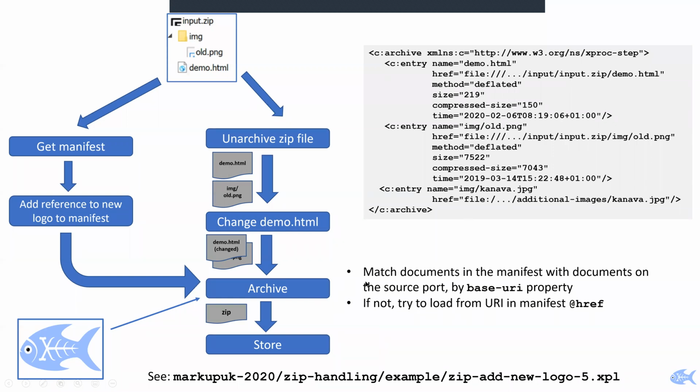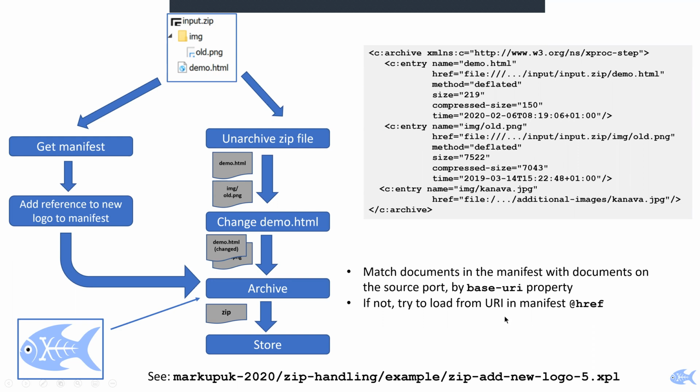And what the archive step does, it matches the documents in the manifest with the documents it finds on its source port by base URI property. And as we've seen, the base URI property is the same as what we have here in these href arguments. As soon as it finds that, it will put the file into the zip file.